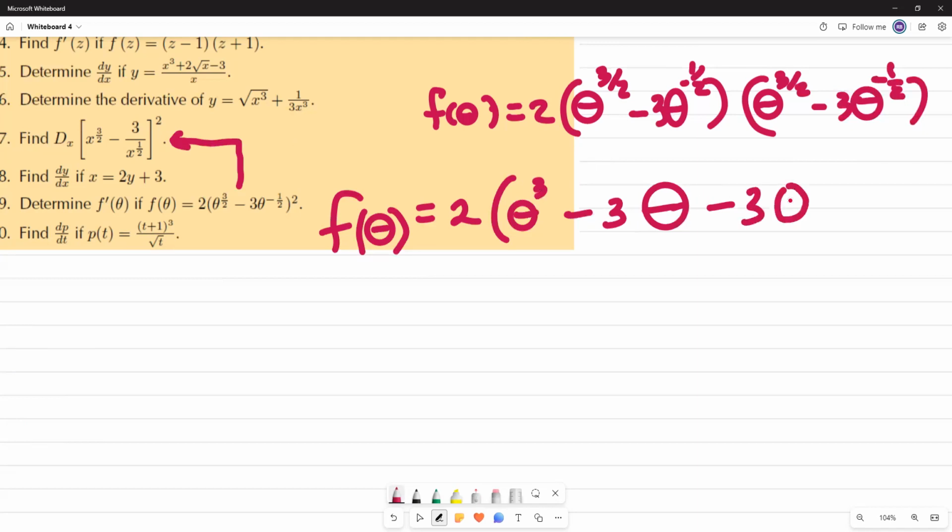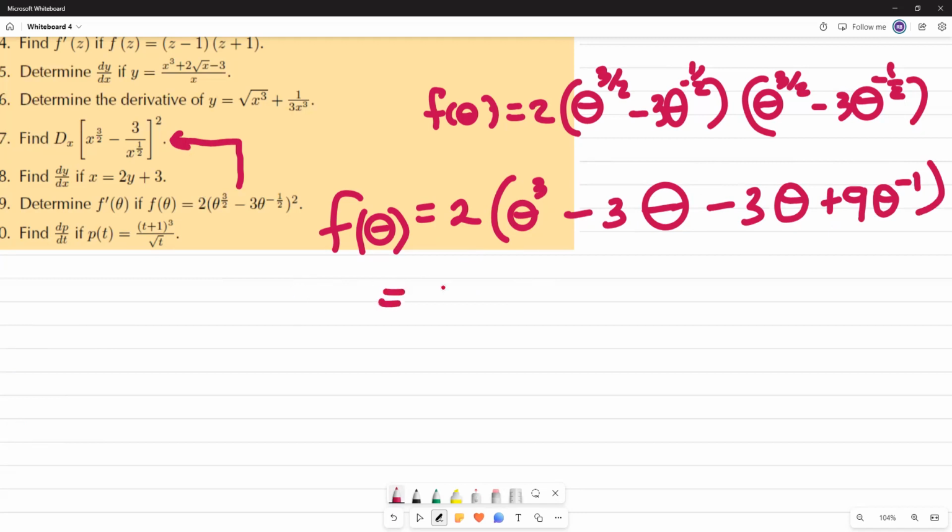So minus 3 theta again, just that they replaced the x with a theta. Do you see it? If I take this up, you're going to have a theta there, and they also put a 2 outside. Then I'm going to have plus 9 theta to the negative 1. And then now I can multiply everything by 2.